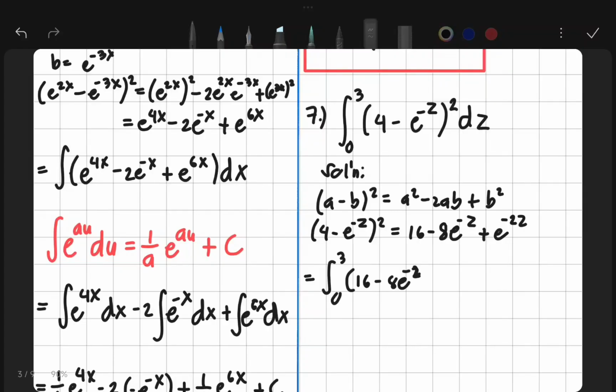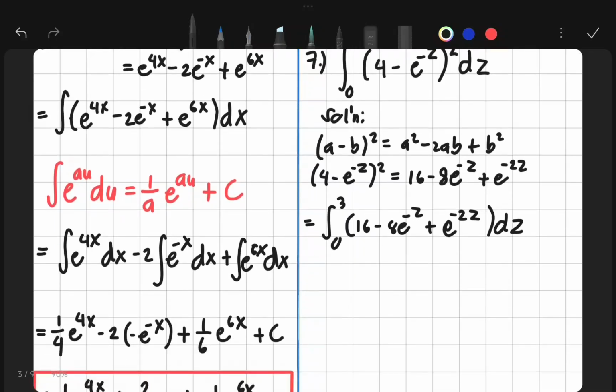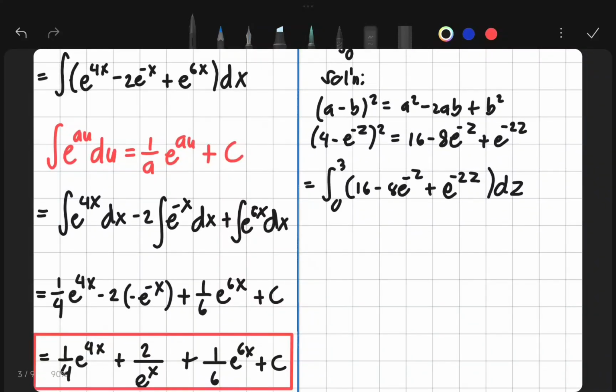It looks confusing. We have 16 plus e raised to negative z, plus e raised to negative 2z dz. Next, we just need to integrate each term.